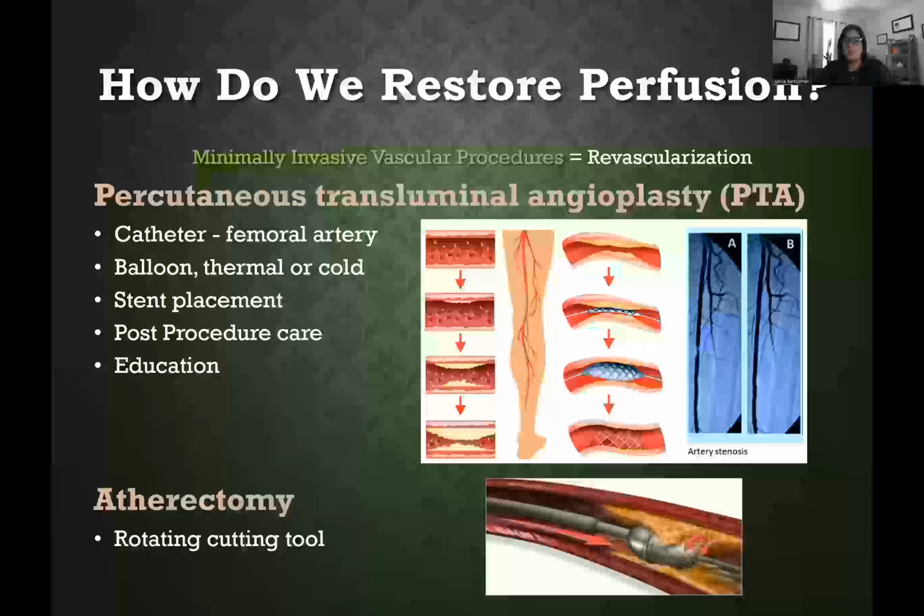Basically, the doctor goes through one of your femoral arteries with a balloon tip catheter, and then that's inflated, pushing that plaque against the walls of the artery and restoring the blood flow. They sometimes put a stent, and the stent has antiplatelet drugs as well to prevent clots in that artery.